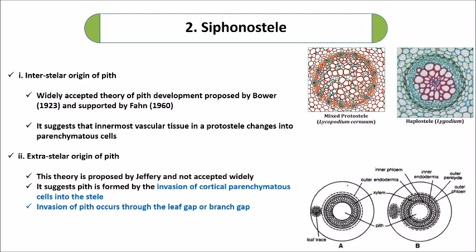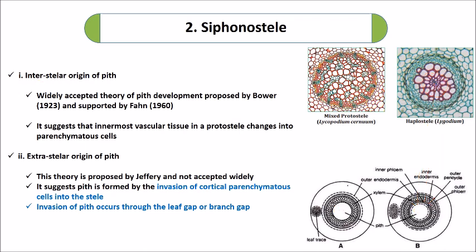Considering the intrastelar origin of pith, it is stated that the pith region in the siphonostele condition is derived from the core region of the protostele. That means some cells of the core region may be converted to parenchymatous cells and form the pith region.